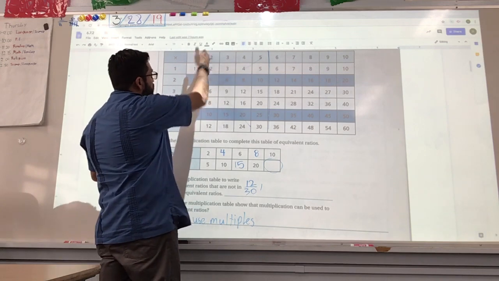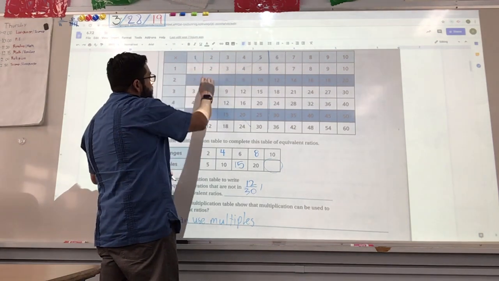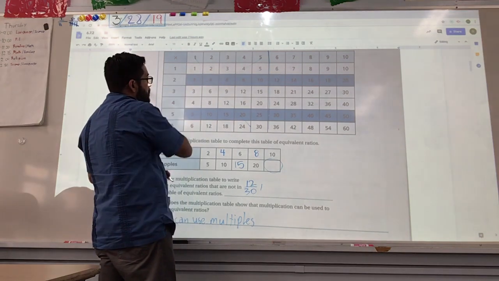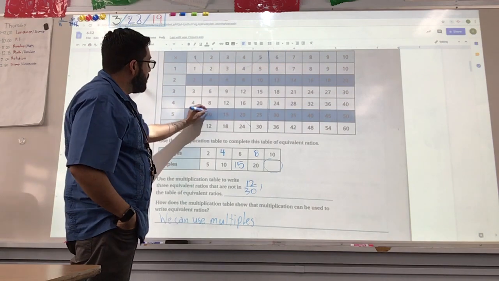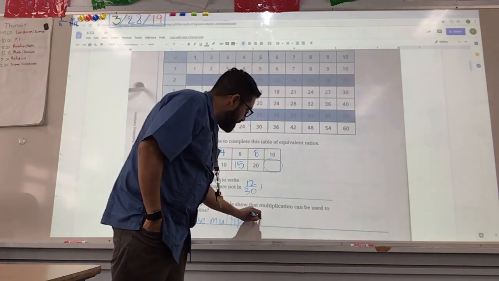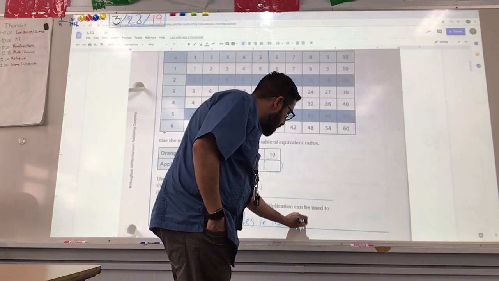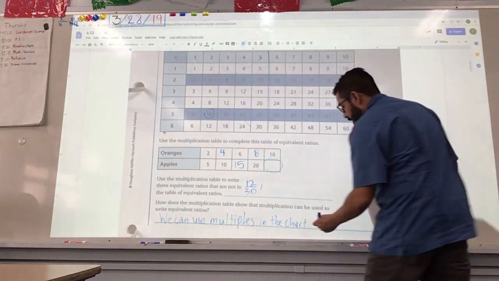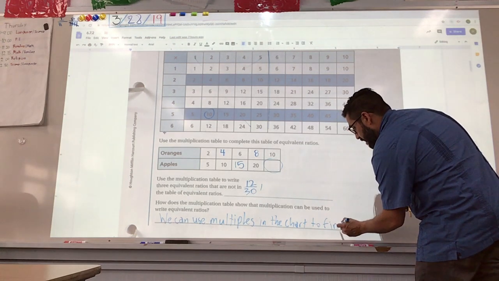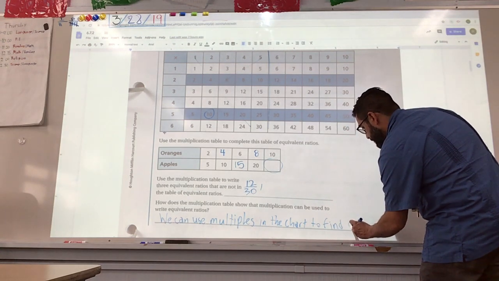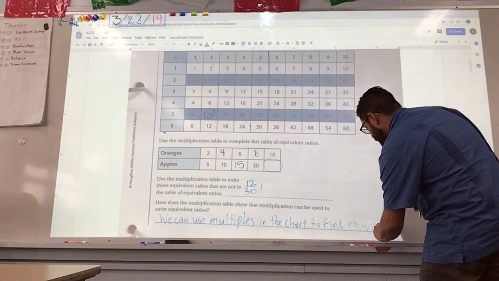Multiples, so we're looking at 2. 2 times 2 is 4. 4 would be a multiple of 2, and 10 would be a multiple of 5. So we can use the multiples in the chart to find equivalent ratios.